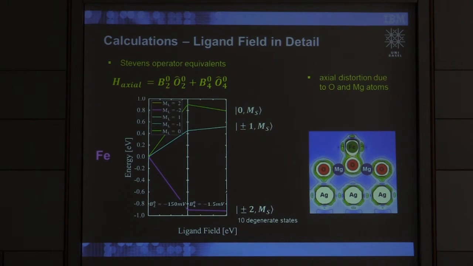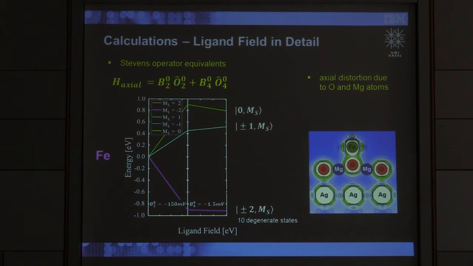And that basically splits our energy levels into 10 degenerate states at the lowest energy levels. Those are ML plus and minus 2 states that were split down. And then we have ML plus minus 1 states that are higher in energy, and ML 0 states, even higher up.